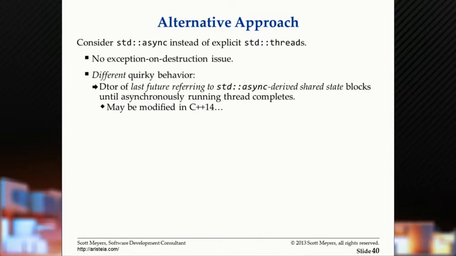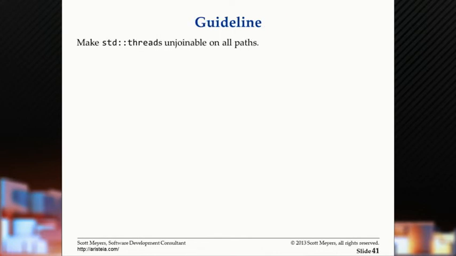What I will say is that the committee is certainly aware of this different kind of behavior about what happens when threads go away and you have a handle to them, where by handle I mean either a thread object or a future, and they're considering changing what the specification is. For the time being, as developers, what you need to remember is that if you actually do create thread objects, you definitely want to make sure that you make it unjoinable on all paths out of your scopes. So the guideline is to make threads unjoinable on all paths.